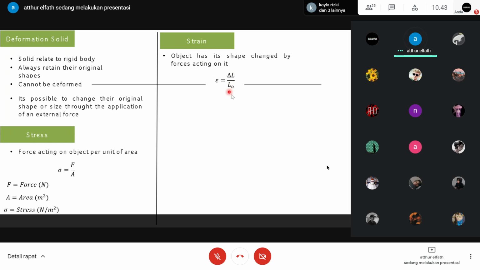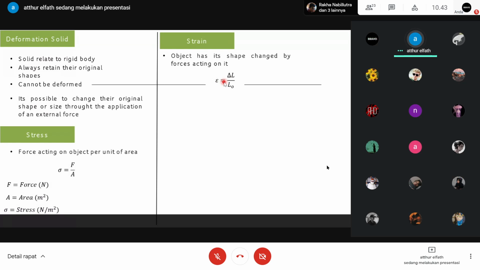Now from this formula, I want to ask one of you, or maybe you can answer my question directly. From this formula, what is the unit of strain? Anyone can answer my question? What is the unit of strain?